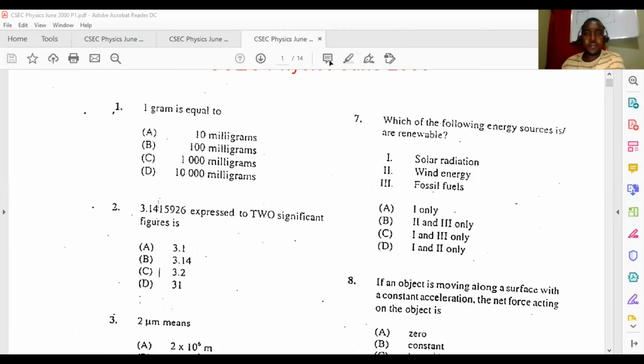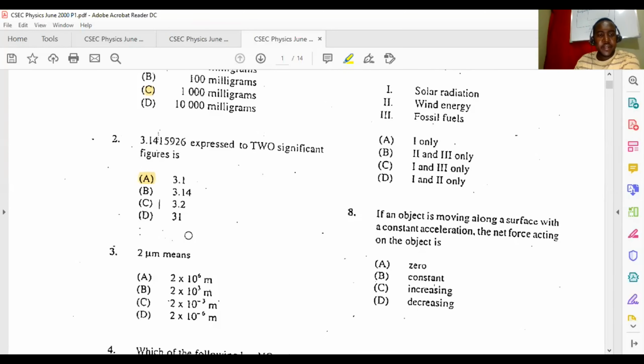C. Yep, that is correct. All right, so 3.1415926 expressed to two significant figures is A, great, 3.1.